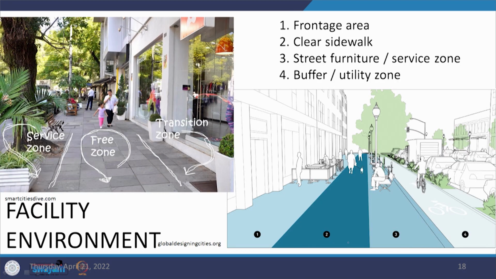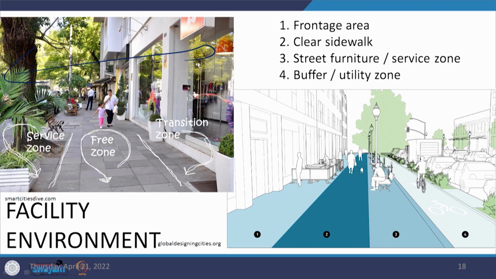Now, let us come to the facility environment. It is quite important that the way things are provided and placed, people are stimulated to use those facilities. What you see here is a very good development shown in this photograph, where there is some space already defined that people are not going to utilize, another space dedicated to different features on the side of the footpath, and then the free space in which persons can simply move around.